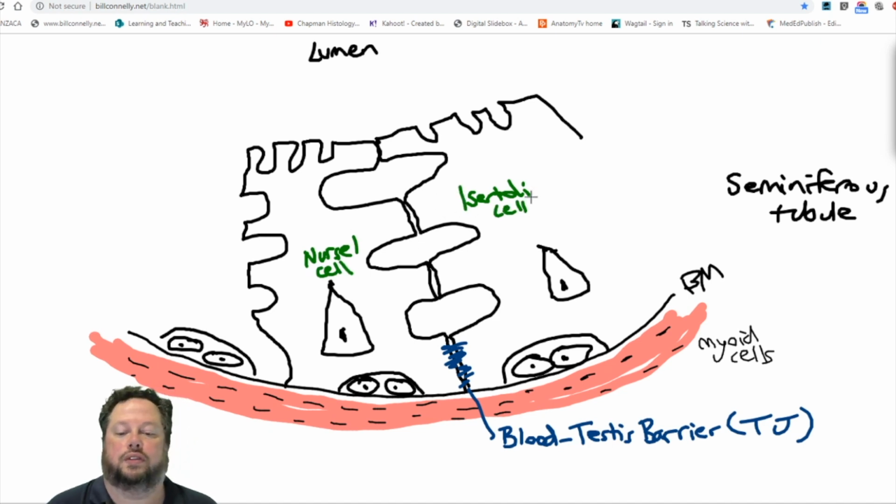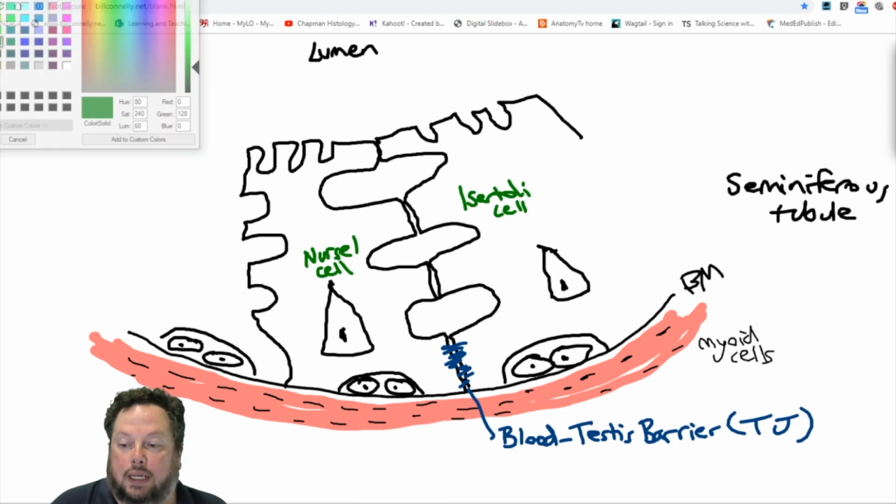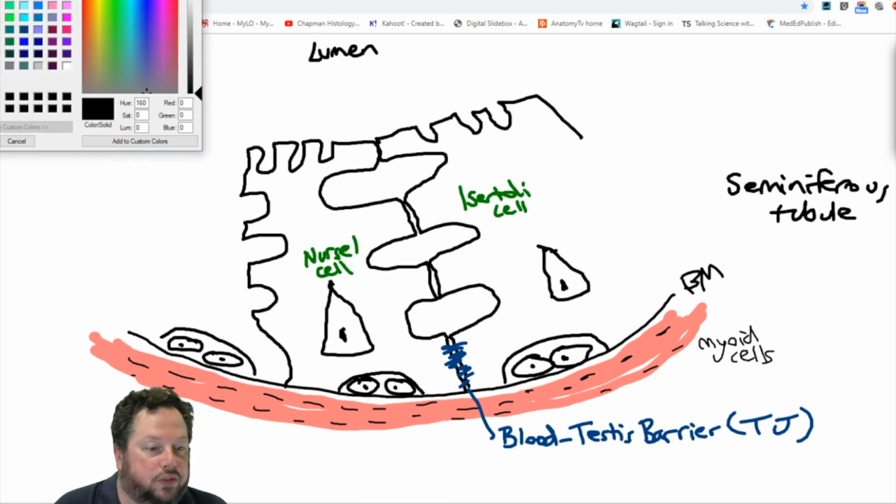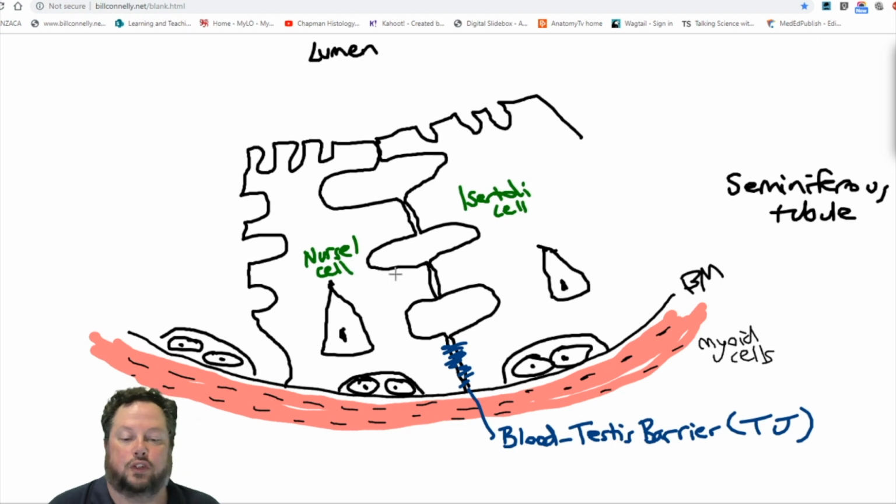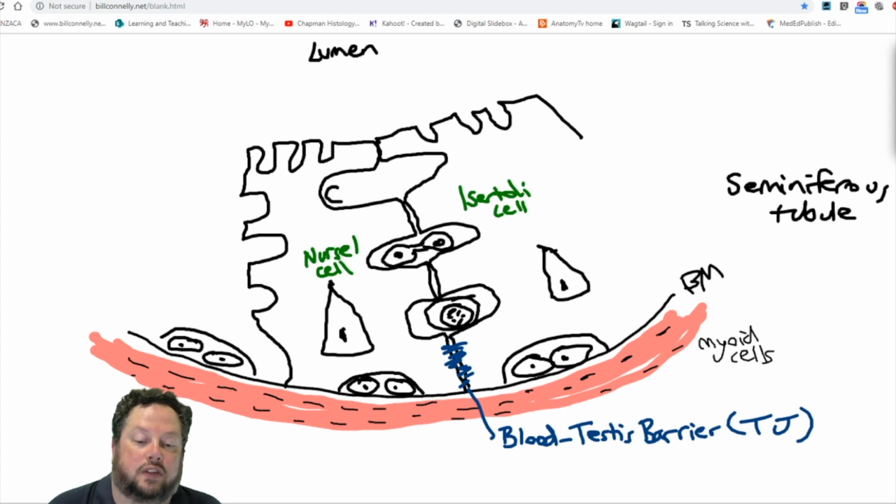So these are nurse or Sertoli cells. I've used both terms here. Sertoli is what we call the eponymous term. Nurse cell is the non-eponymous term that we give to it. So housed within here, we actually have our primary spermatocytes, and then over here we'd have our secondary spermatocytes.